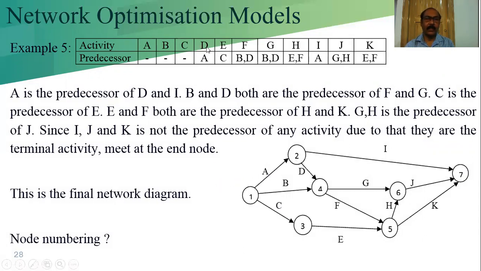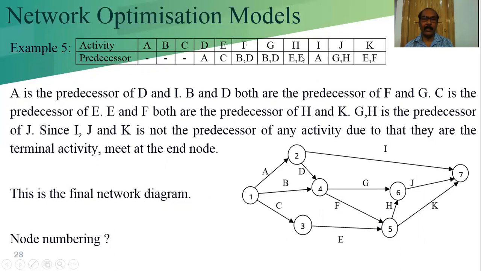Now see, D has the predecessor A. B has the predecessor A. C has no predecessor. Now E has the predecessor C. F has the predecessors both B and D. Then we are drawing F and C. Now why we are taking E and A in the same node, that we have to check anyway.